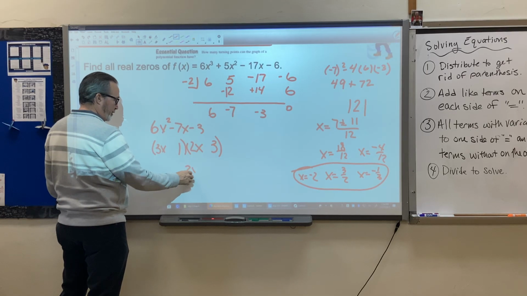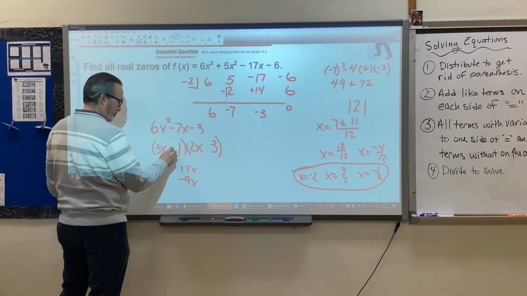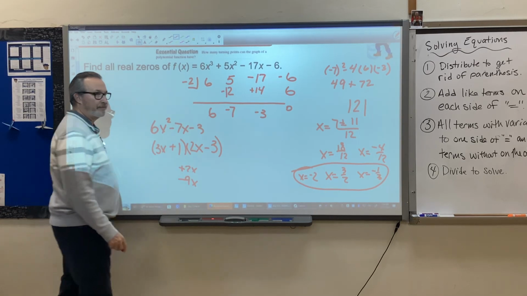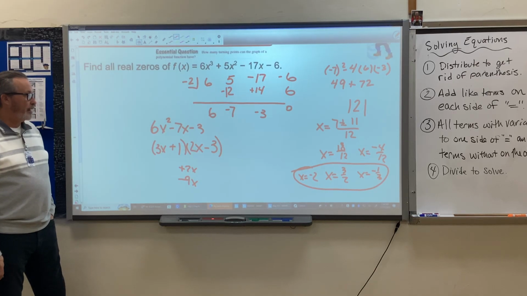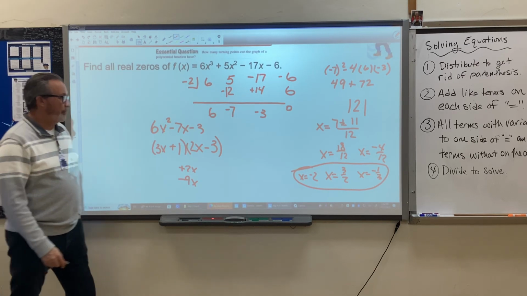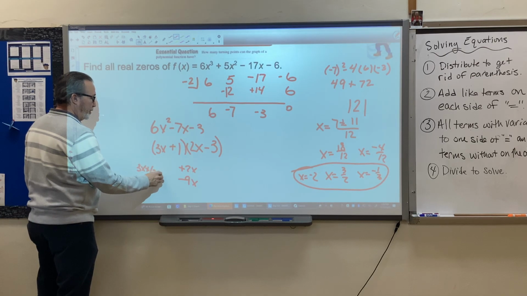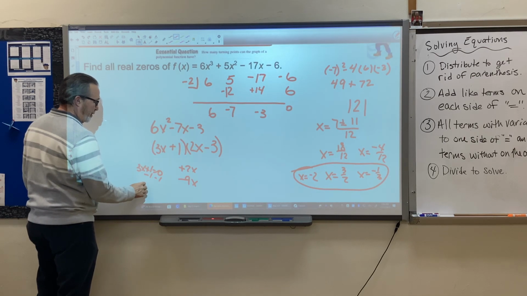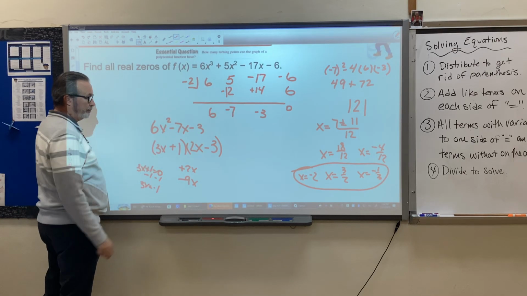Inside is 2x, outside is 9x. Yeah, we could have factored it as well. If we set 3x plus 1 equal to 0, you subtract 1 and divide by 3. You get -1/3.